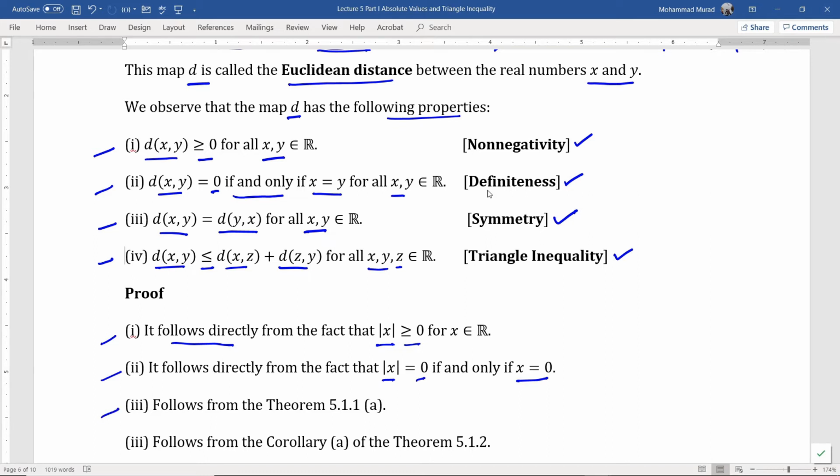The proof of property 3 follows from Theorem 5.1.1, statement A. And the proof of property 4 follows from Corollary A of Theorem 5.1.2.